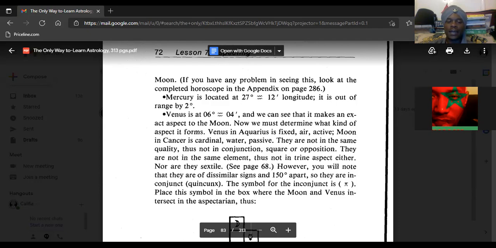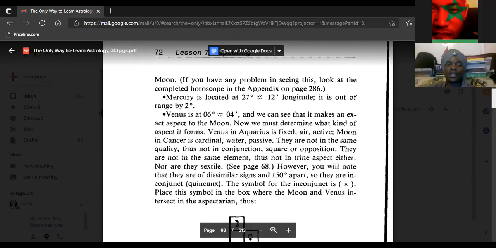These are not in the same element, thus not in trine aspect either, nor are they sextile. See page 68. However, you will note that they are of dissimilar signs and 150 degrees apart. So they are inconjunct.